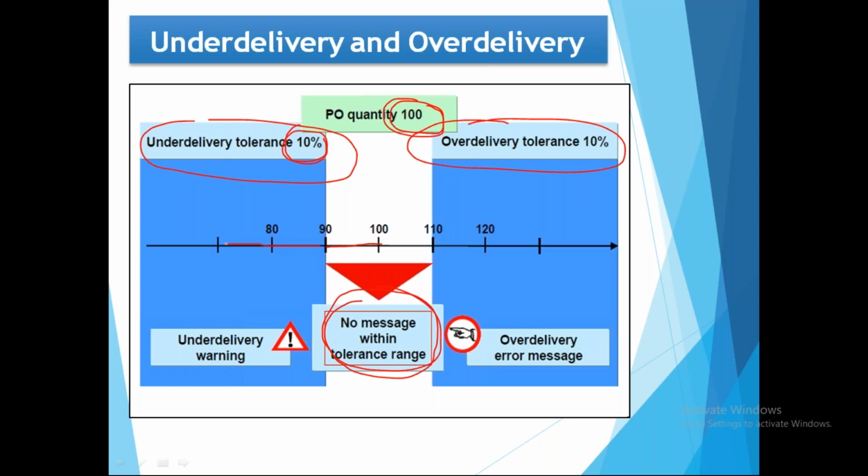Once your delivery is less than 90, the system will give you a warning message that your vendor has delivered less quantity. Now let's say you have a PO of 100 and you maintain over delivery tolerance as 10%. Up to 110 delivery, the system will not give you any messages. But if you are delivering more than 110, the system will give you an error message. It will not allow you to make the GR.